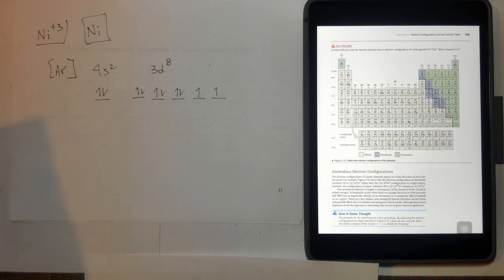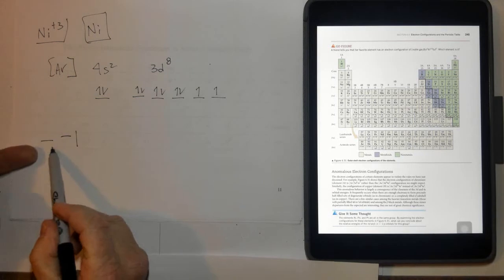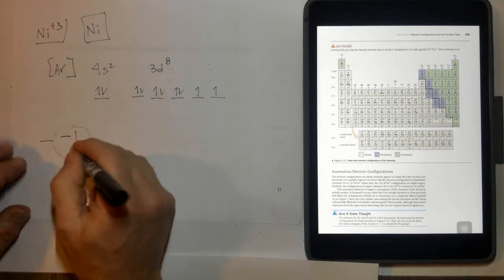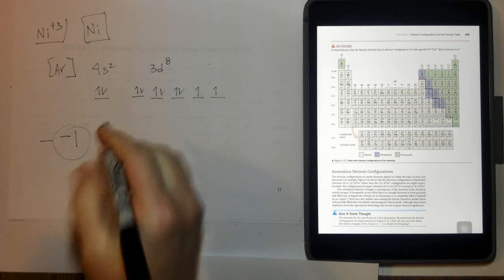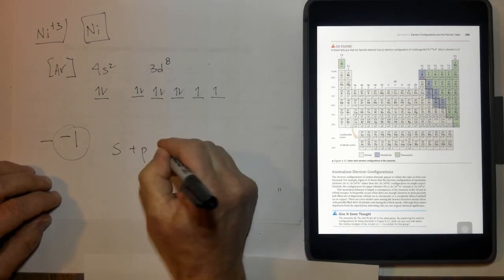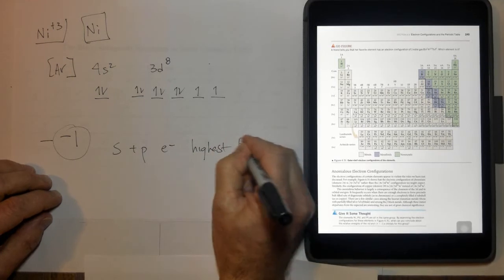But now since it's +3, that means it lost 3 electrons, because when you minus a -1 thing, remember electrons are -1, you now become positive, and so it loses 3 electrons. Now the electrons that something loses are always the s and the p electrons from the highest energy level.